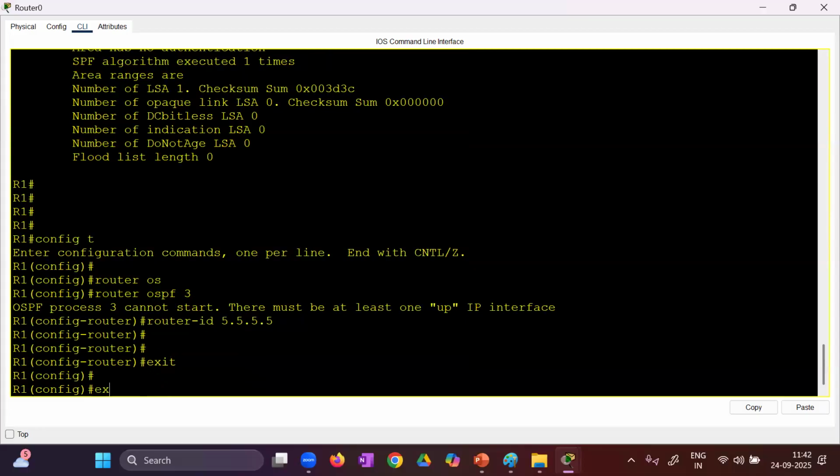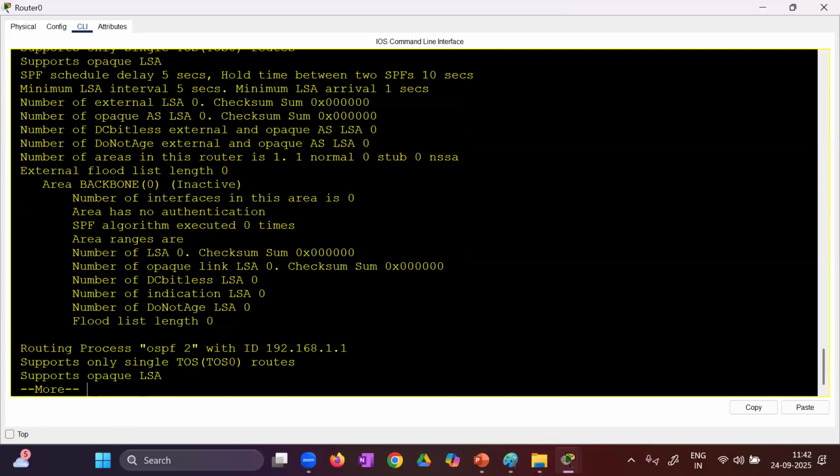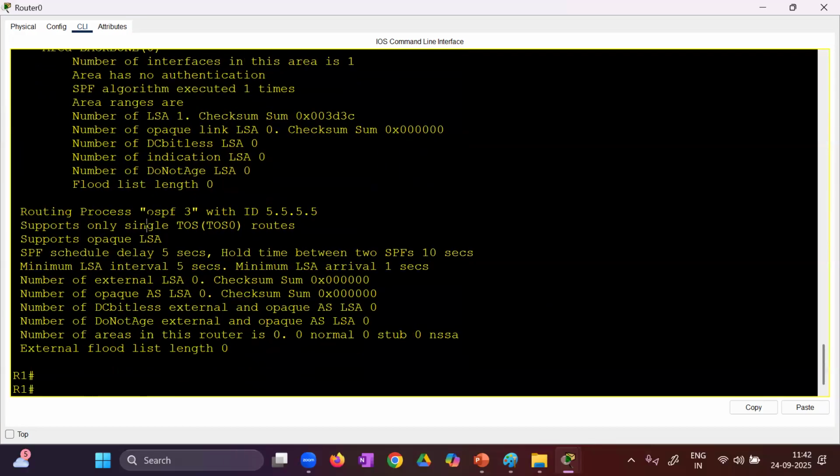Now give exit, again give exit. So show IP OSPF, yes, see, OSPF 3 with ID as 5.5.5.5. But network not. No problem. We can give any other random number.